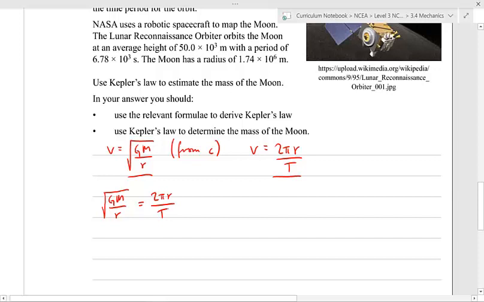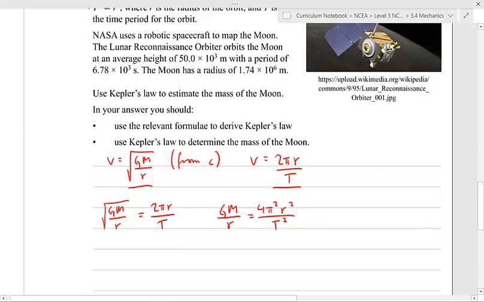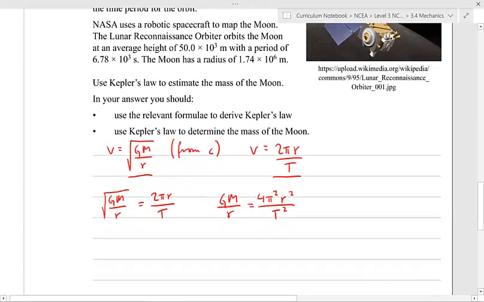If we then square both sides, we get GM over r is equal to 4 pi squared r squared over T squared. And we wanted to show that T squared is proportional to r cubed. So we'll just rearrange to put T squared on one side, r cubed on the other, and the constant we'll put with the r cubed.